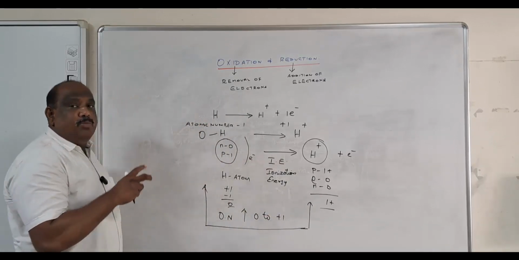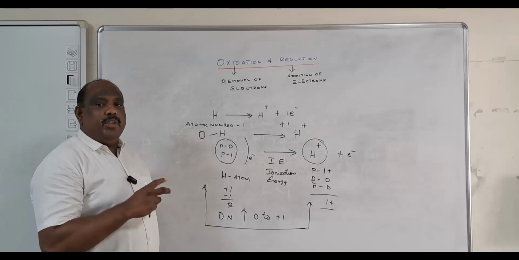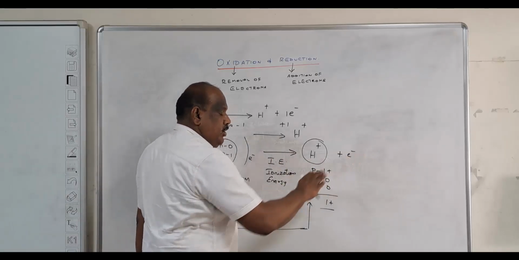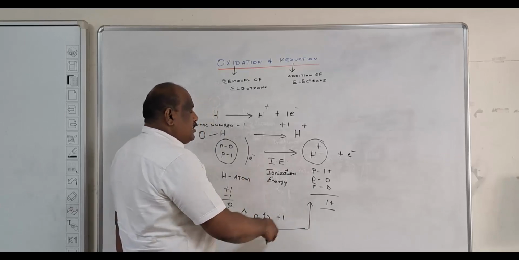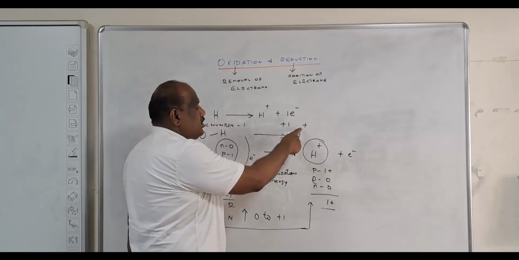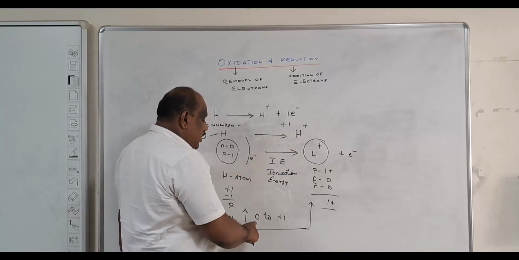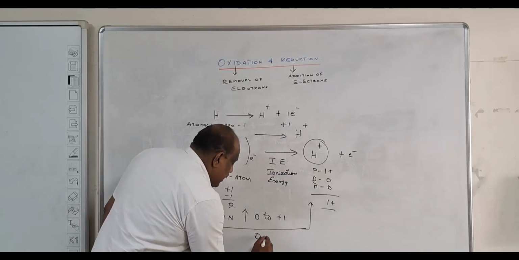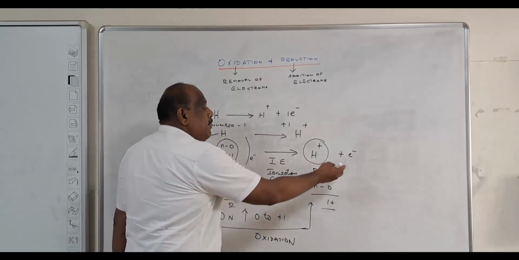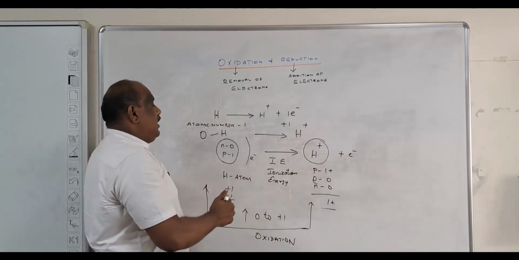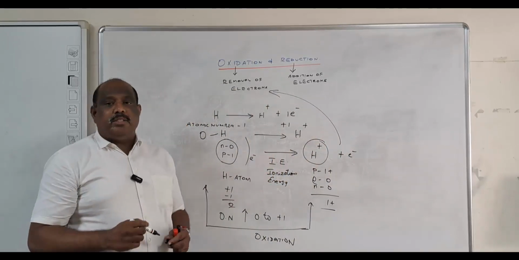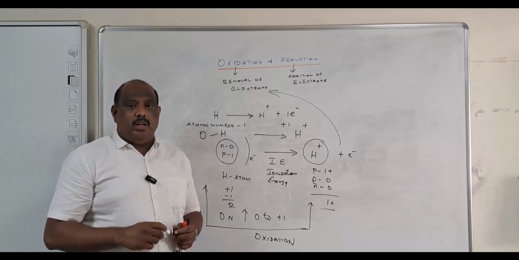The hydrogen becomes H plus by removing an electron. Why is this process called oxidation? Because the number increases from 0 to plus 1. Whenever the oxidation number increases, it's called oxidation, and it happens by the removal of electrons. So removal of electrons is called oxidation.